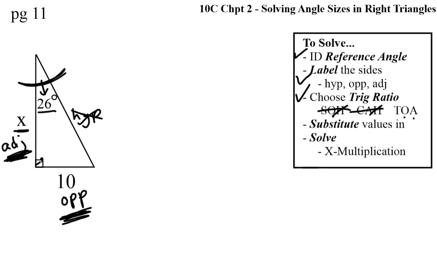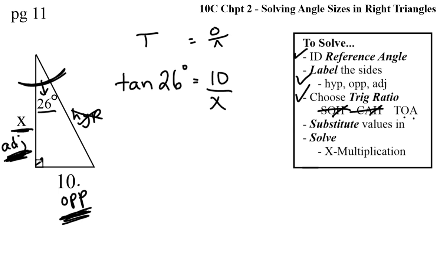Opposite adjacent, we're using tangent again. Tangent of our reference angle, which is 26 degrees, is opposite, which is 10, over adjacent, which is x. TOA, tan, is opposite over adjacent. Substituted the values in, along with the first 3 steps, and now we solve by cross multiplying.